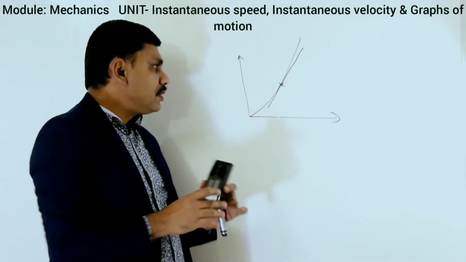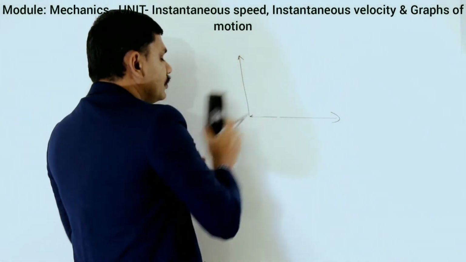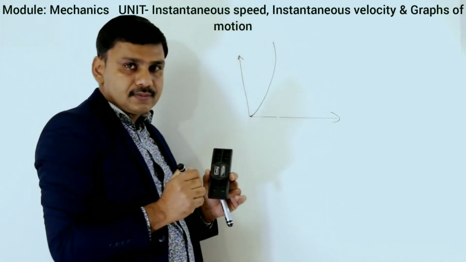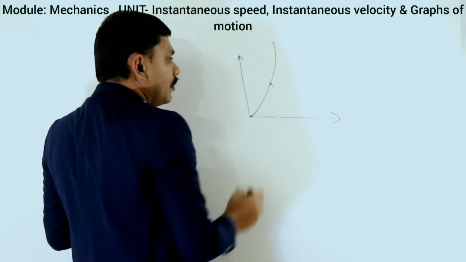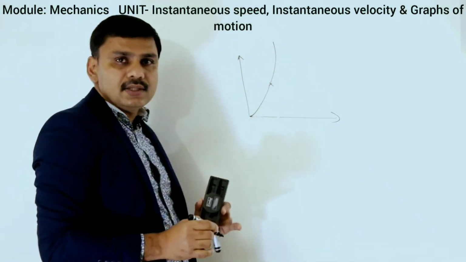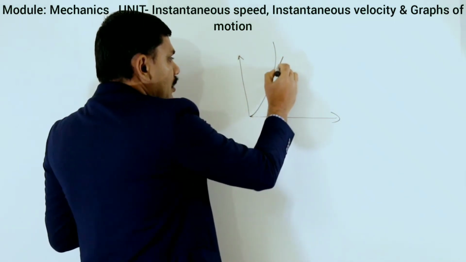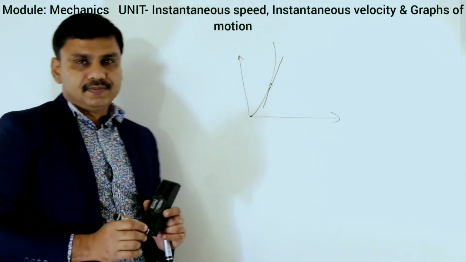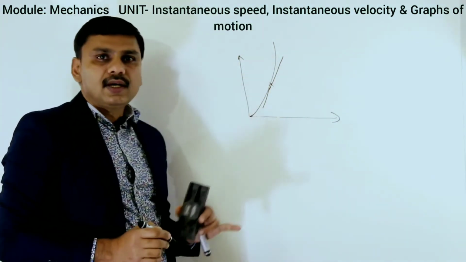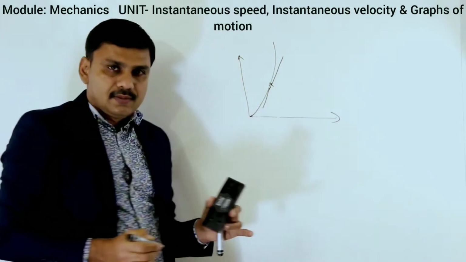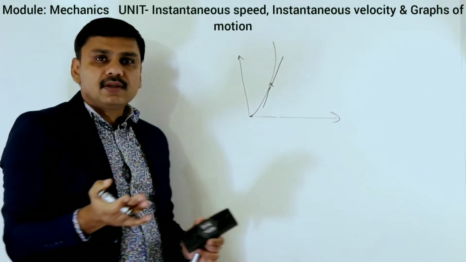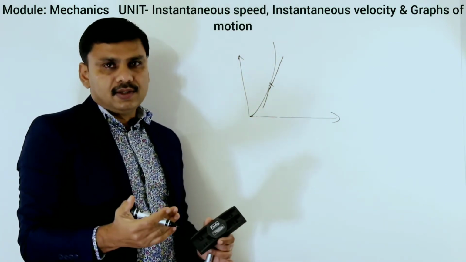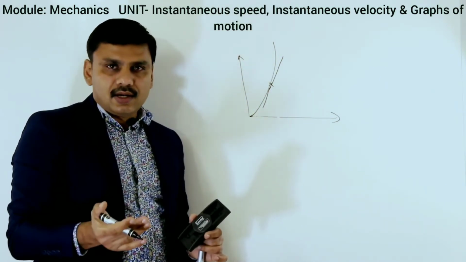So if the graph is not a straight line, if it looks like this, how will you get the gradient at a point? You have to make a straight line passing through that point, then find out the gradient at that point, because at different points the gradient will be different, since the graph is not a straight line.